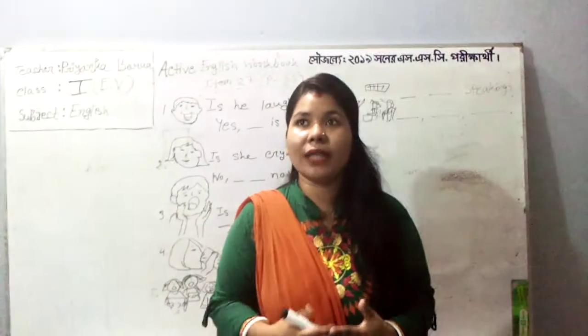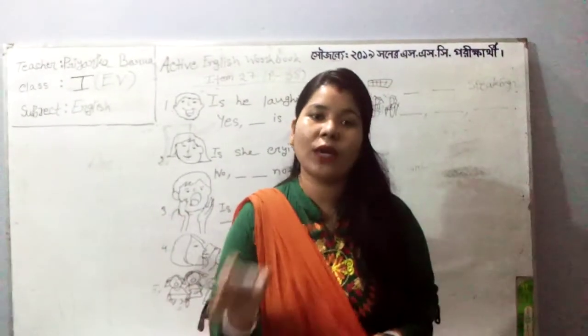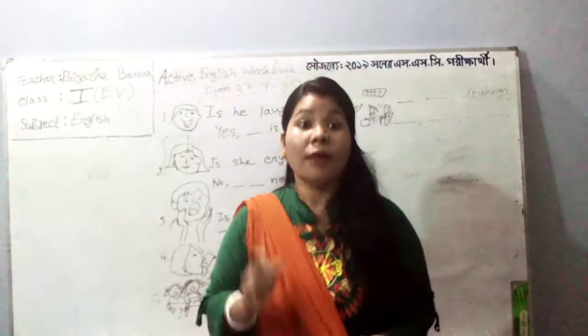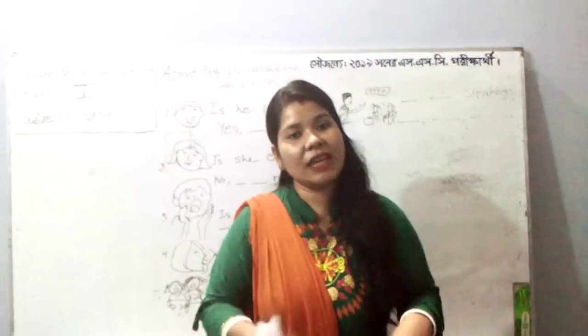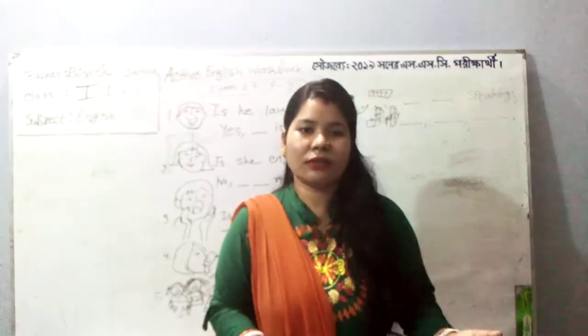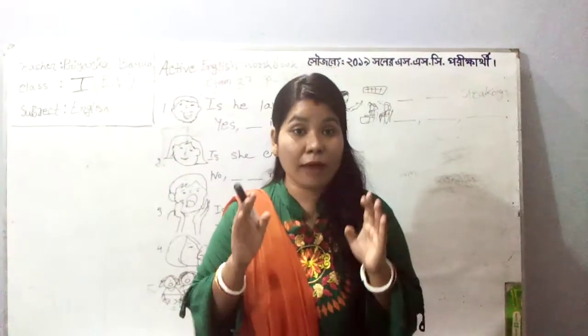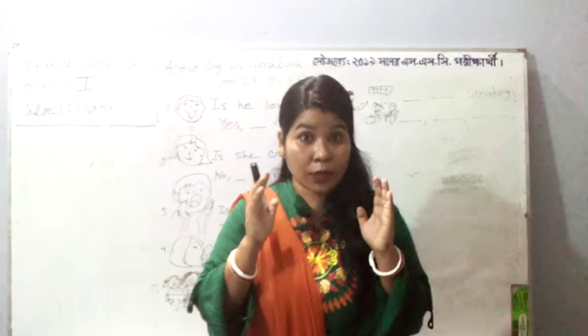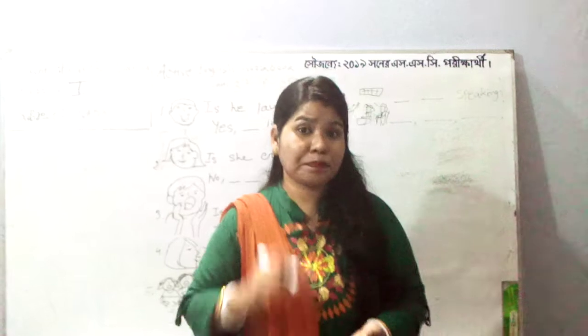I have told you that you also need to mention the correct answer, that what actually the girl was doing, or what actually the picture is saying. But here you don't need to elaborate this. You just need to mention yes she is, he is. If it is not, then no she is not, he is not. That's it. So at first you have to notice the picture, and fill the blanks according to the picture.